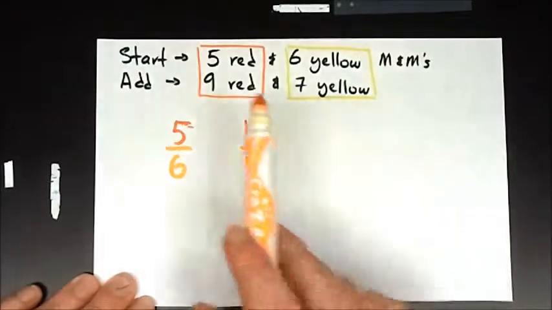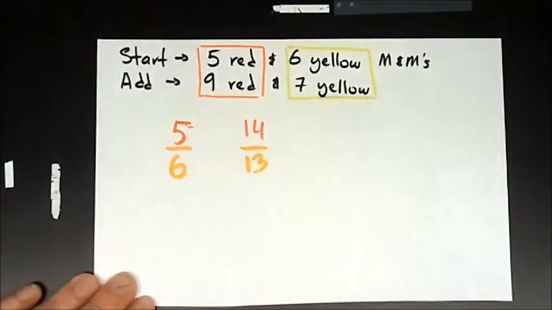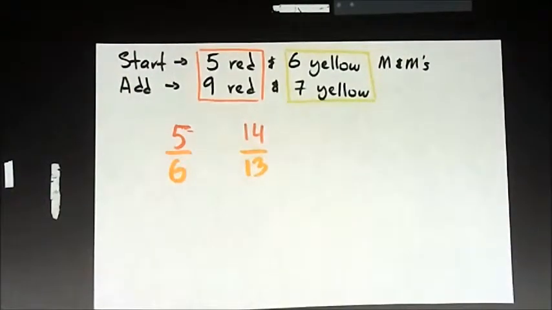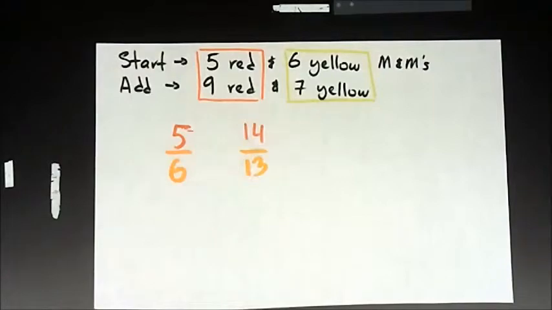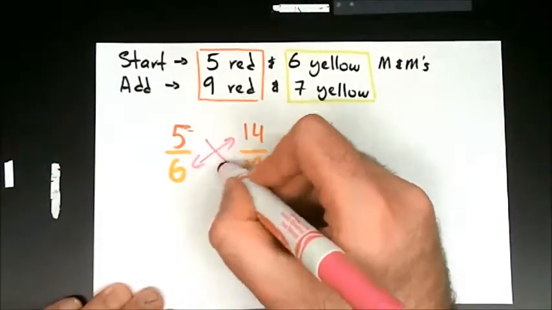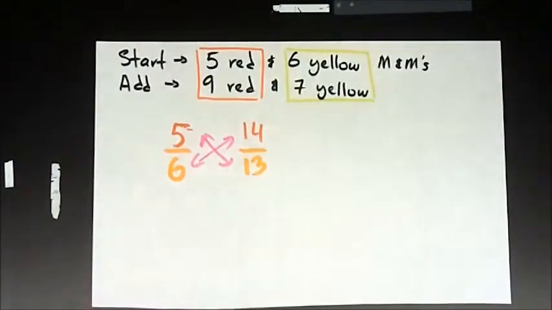But if you want to compare it straight to 9 over 7 instead of 14 over 13, that's fine as well. It just makes more sense to me if I'm adding a batch of M&Ms. What does my new bag look like? Well, that's my old bag. That's my new bag. And then I just cross multiply and see if they are still the same.